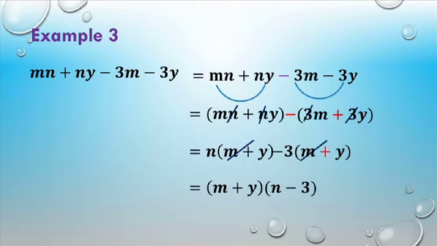So I have m plus y into n minus 3. Again, you can check your answer by expanding. That is m times n, m times minus 3, y times n, y times minus 3. And you'll get the expression which was given at the beginning.